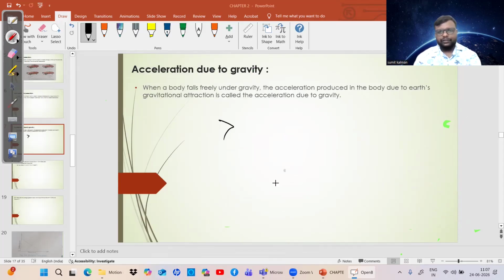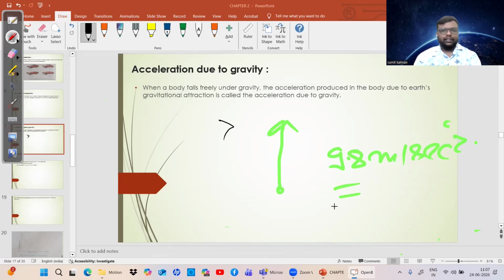Its velocity will decrease at a rate of 9.8 meter per second square, because acceleration is the rate of change of velocity. So if a body is projected vertically upward, its velocity will decrease at a rate of 9.8 meter per second square.